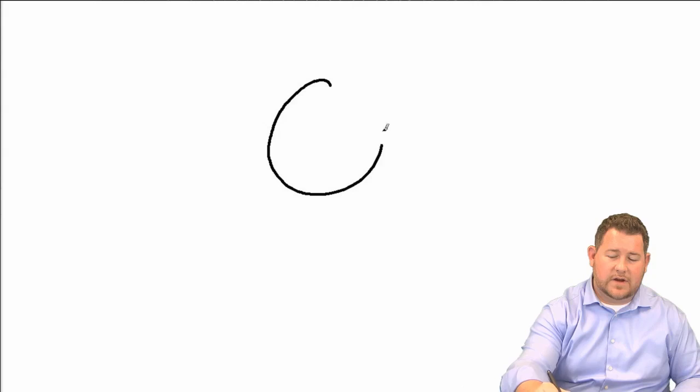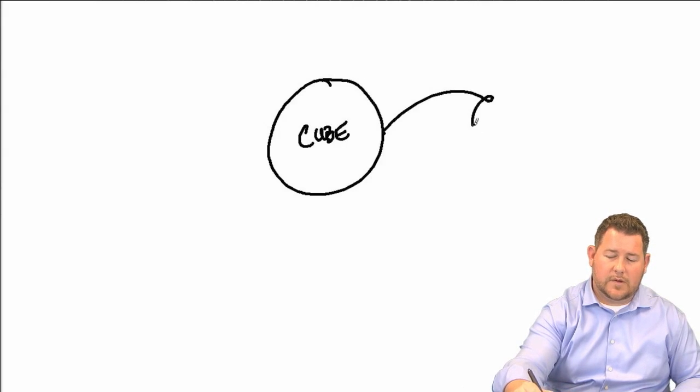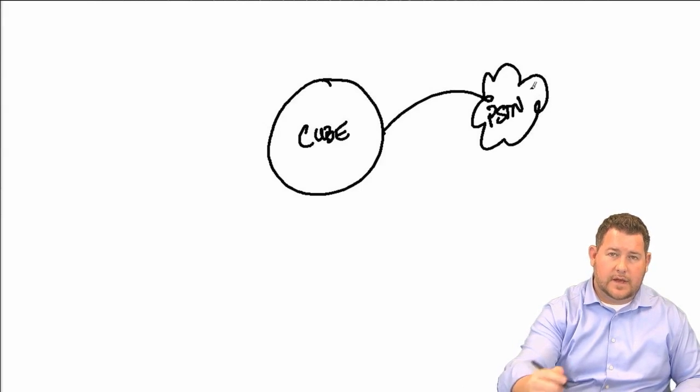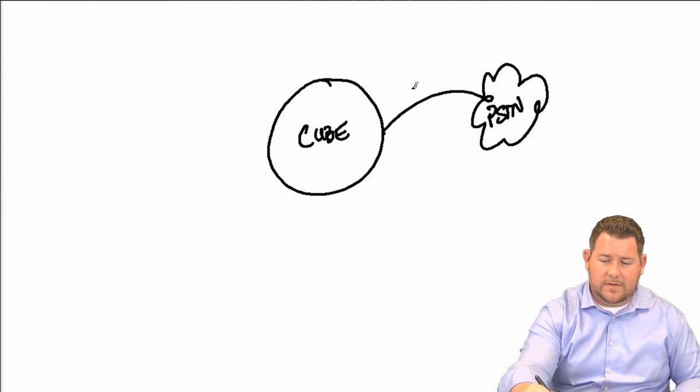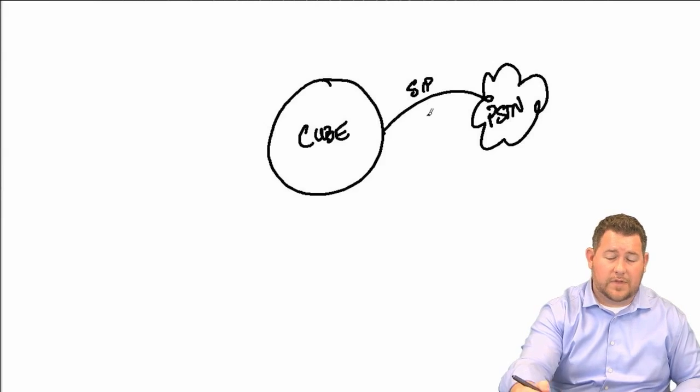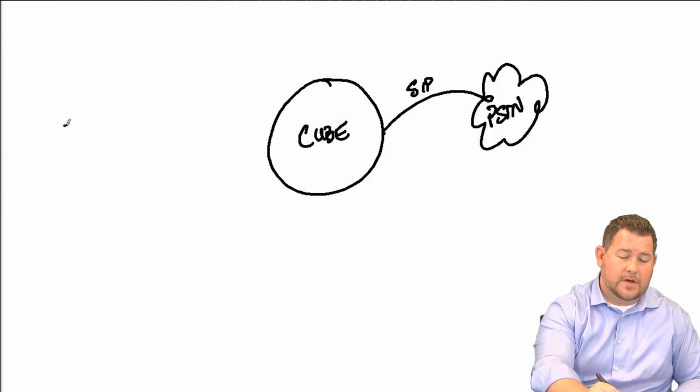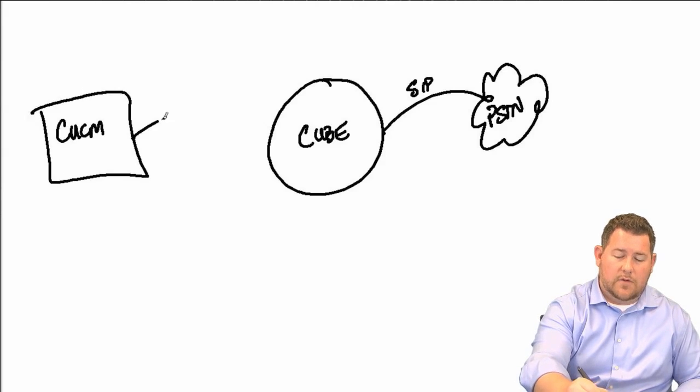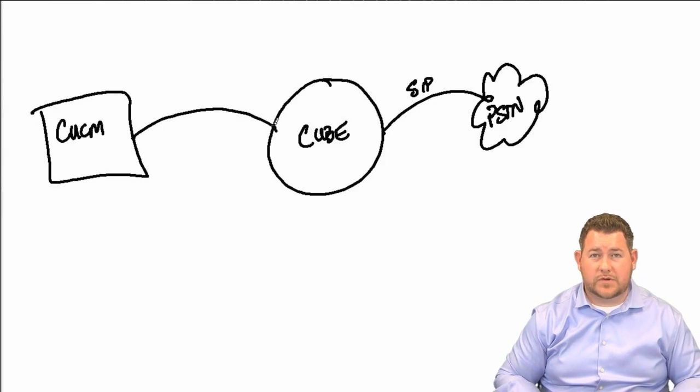So if we wanted to have it in a PSTN scenario, once again we have our CUBE here in the middle, and we have our PSTN cloud, and then that's connected, maybe via a SIP trunk on its own. So that's obviously a VoIP dial peer here that would control that. Then we have a CUCM device over here that would be connected either via SIP or H.323.